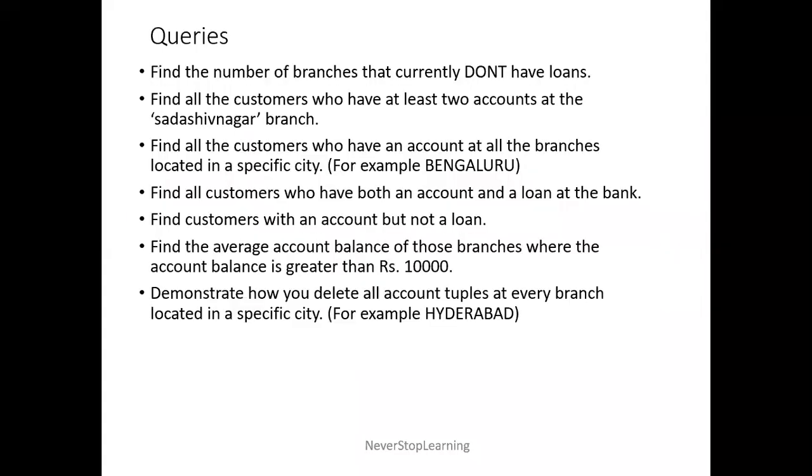Okay. So last query. Demonstrate how you delete all account tuples at every branch located in a specific city. So we have to delete, and from my database I'm picking the city as Hyderabad.